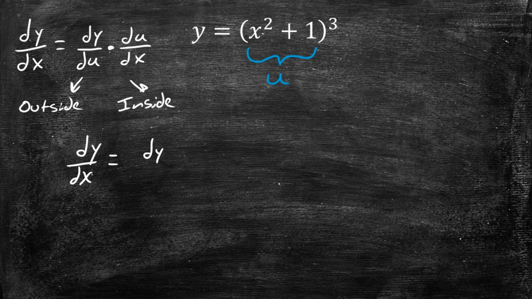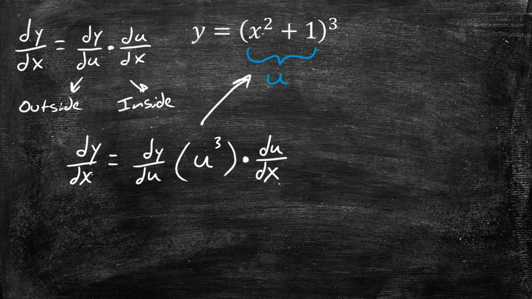dy over du, which is the derivative of our new function, which is u cubed, right? So this comes from up here. When you set u equal to the inside, then you have u cubed. This whole thing is going to be multiplied by du over dx.